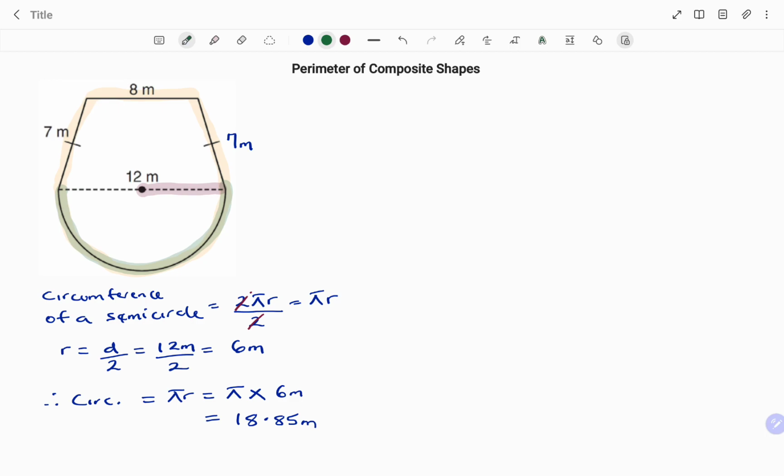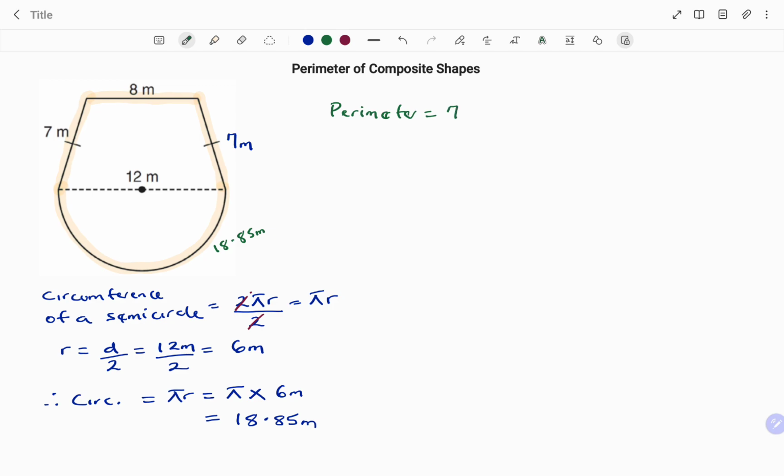Therefore, to find the perimeter of the shape as shown, we add the total distance round the outside. So we have 7 meters plus 8 plus 7 plus 18.85. Note that we are not using the 12 meters because it's inside. We need the distance around the outside of the shape.